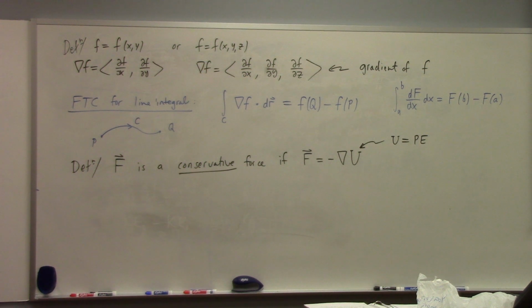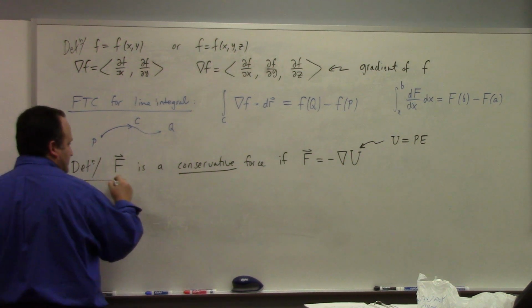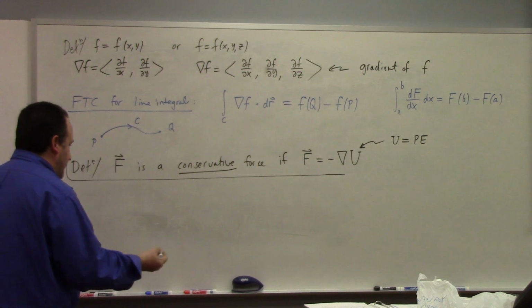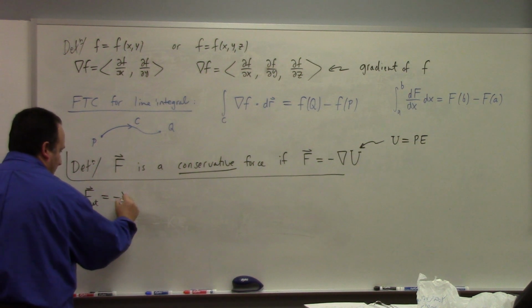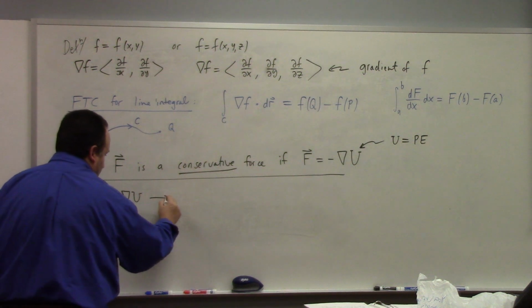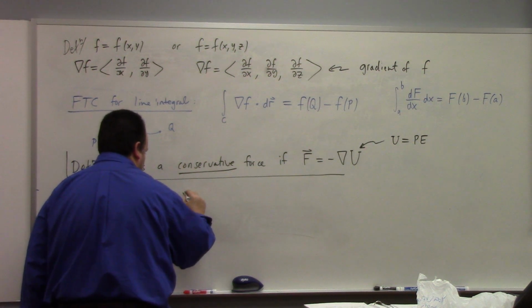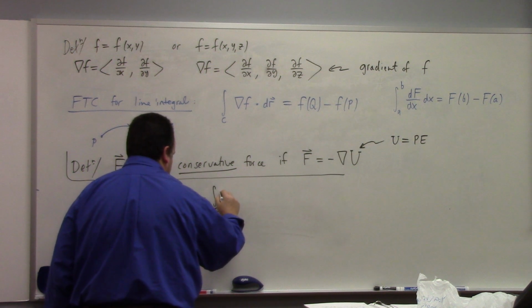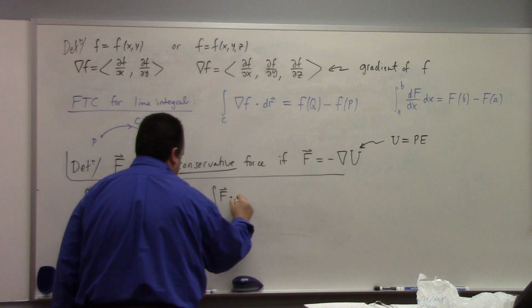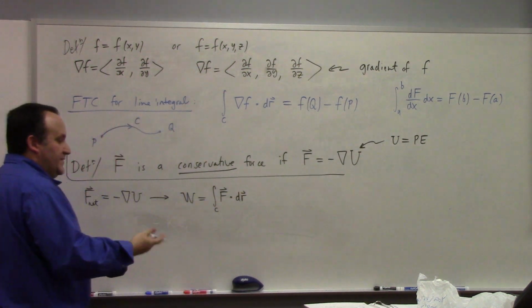So, all right, let's put this all together. Suppose your net force is a conservative force. What happens then? If your net force is a conservative force, then we could calculate the work done, right? The work would be the integral over the curve in question of f dot dr. But there are two ways we could go here.